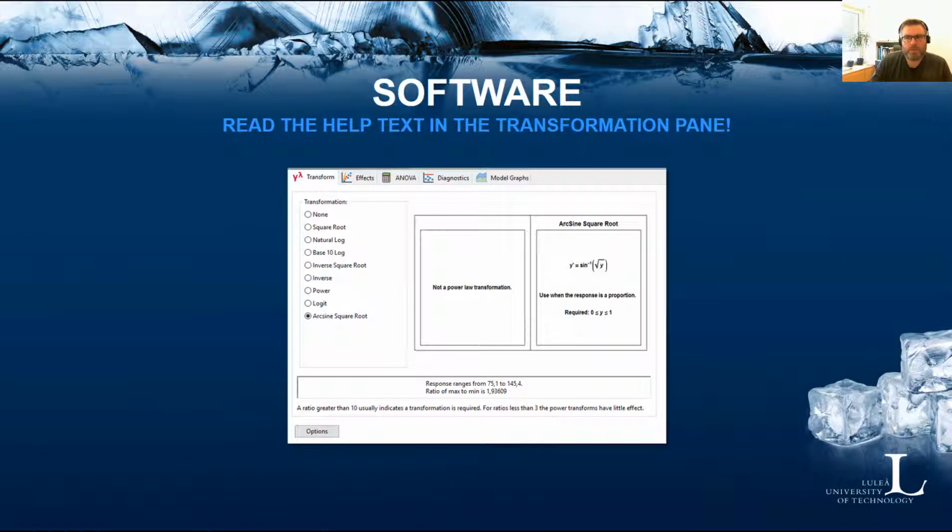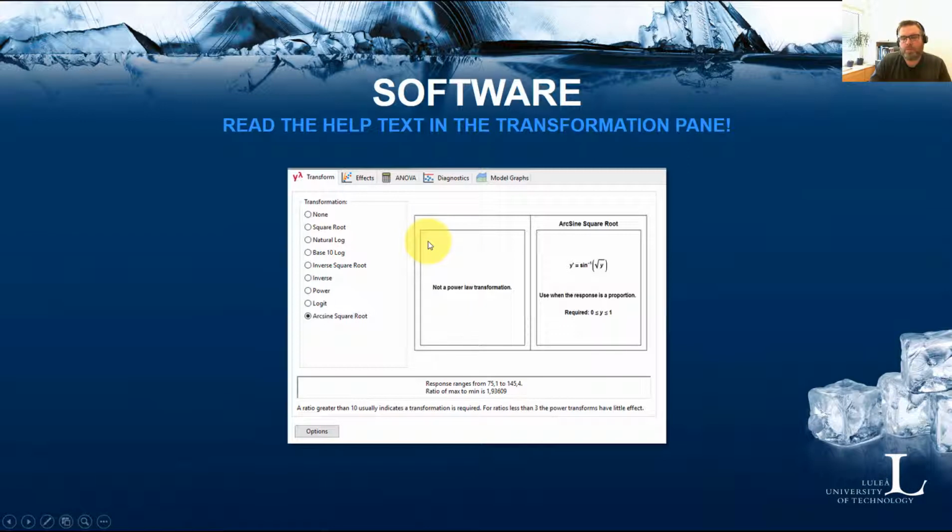So the message here is to read the help text in the transformation pane, try to get a feeling for the different transformations that are available and in which cases these transformations are useful. But also remember that, at least I think it's valuable to do the transformation after you have looked at the diagnostics pane.